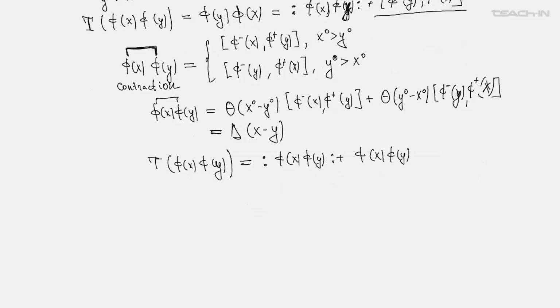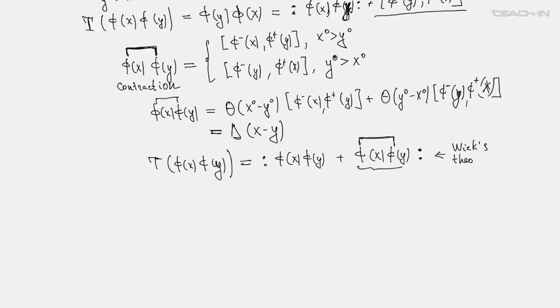And since the Feynman propagator is a C number, it can get out of or into the normal product, so I can write everything under the sign of the normal ordered product. This is exactly the Wick theorem, for just two fields.